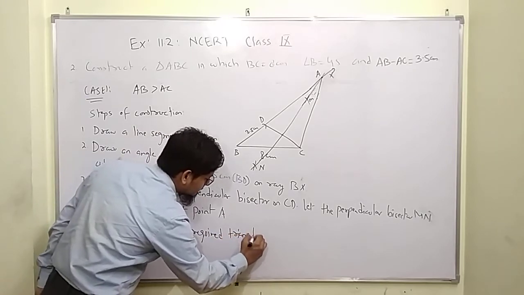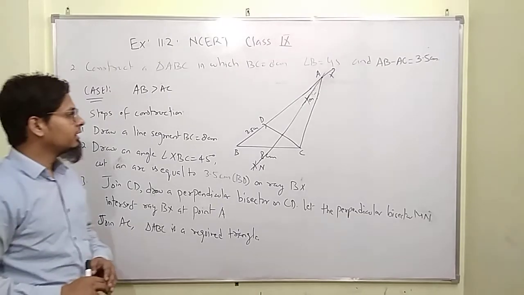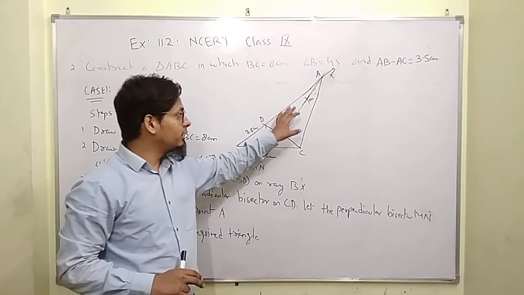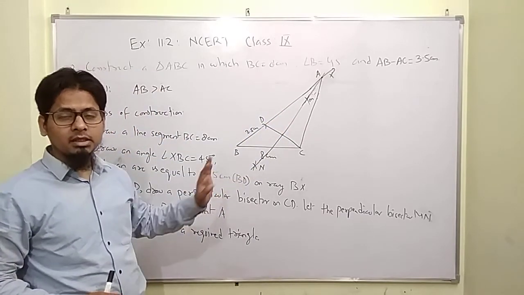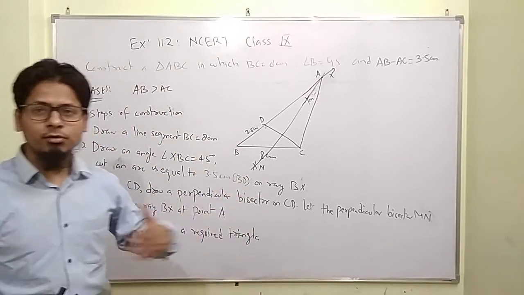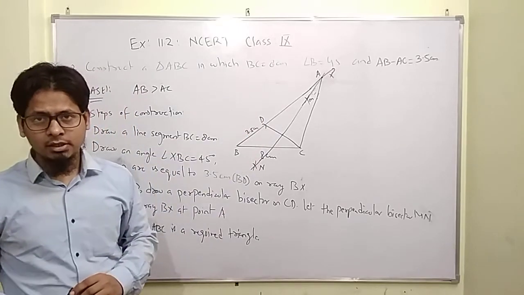That's clear. This is the required step of construction. Class, how do we draw this figure and what are the steps? All of this is very important. The step of construction is not very important to learn because you can make it out on your own, but this drawing method everyone has to learn. Okay, class?